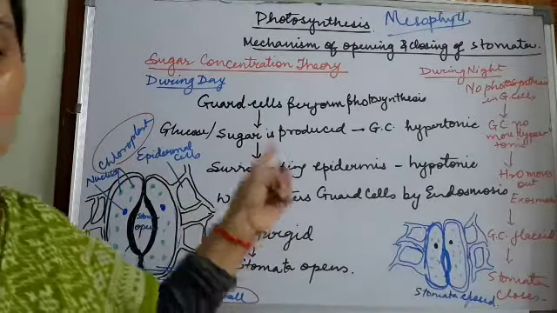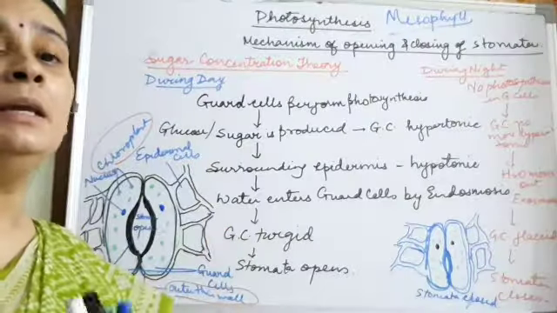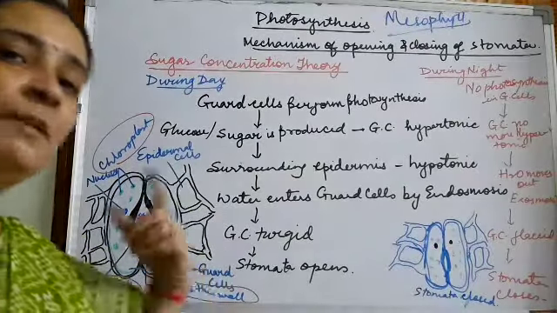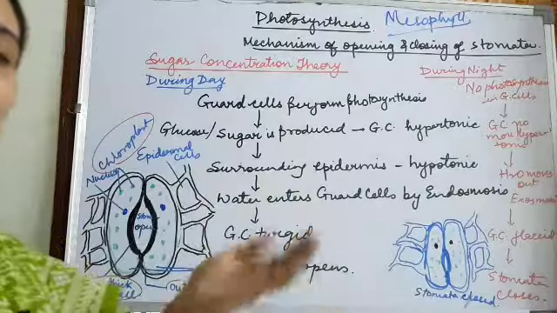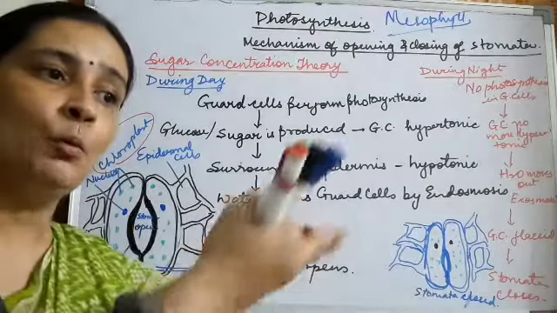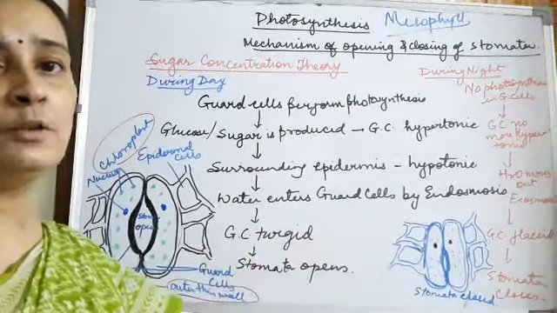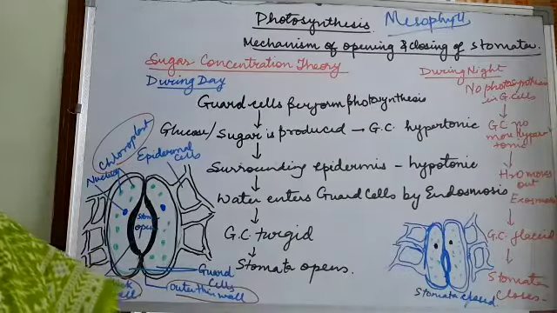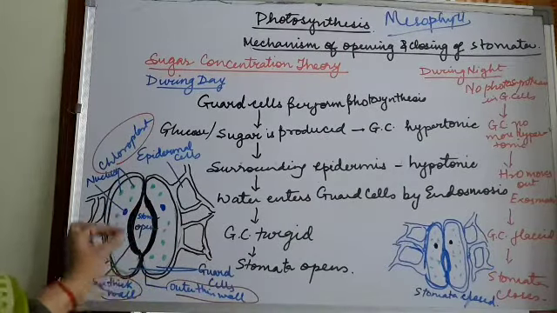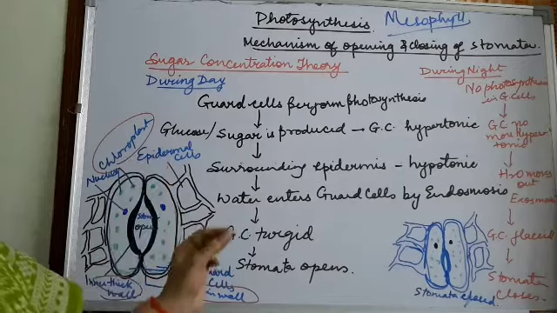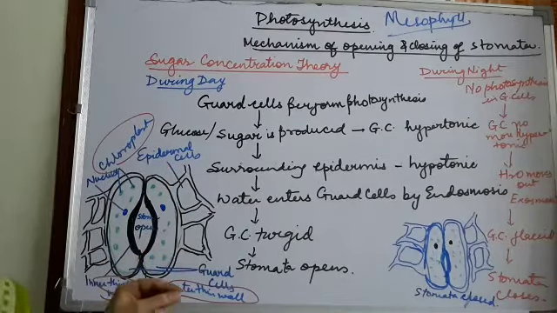Before I move further, where are the stomata present? We have already discussed this in the previous chapter, transpiration, that a greater number of stomata are present on the ventral surface or the lower surface of the leaf. Stomata are minute openings, present on the lower or ventral surface of the leaf. And what is the main function?